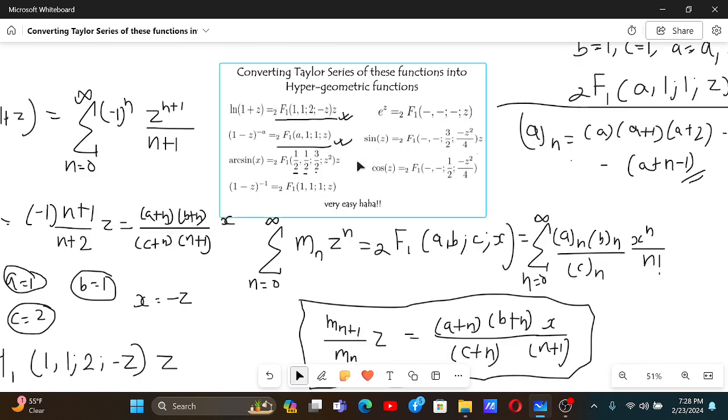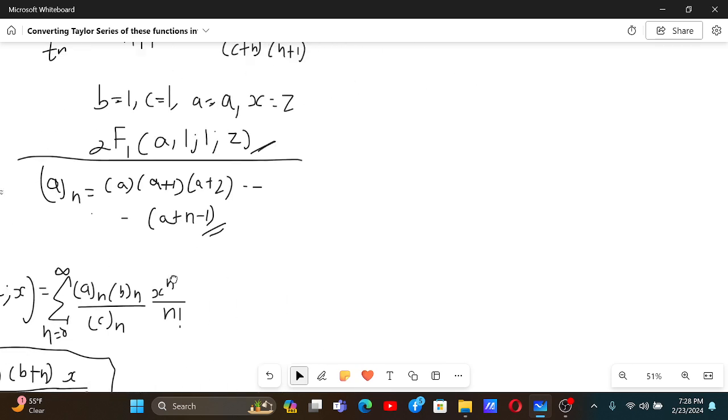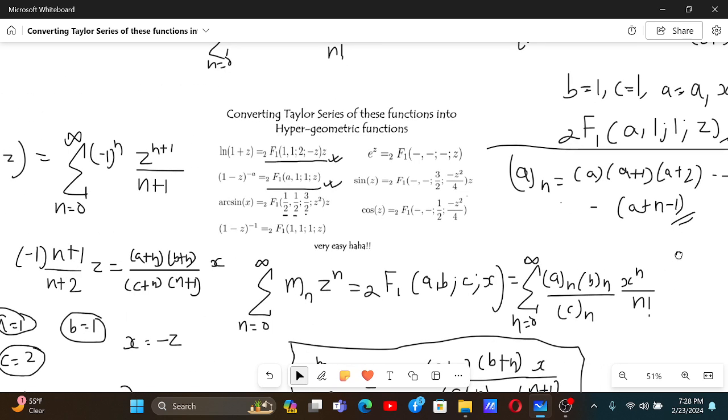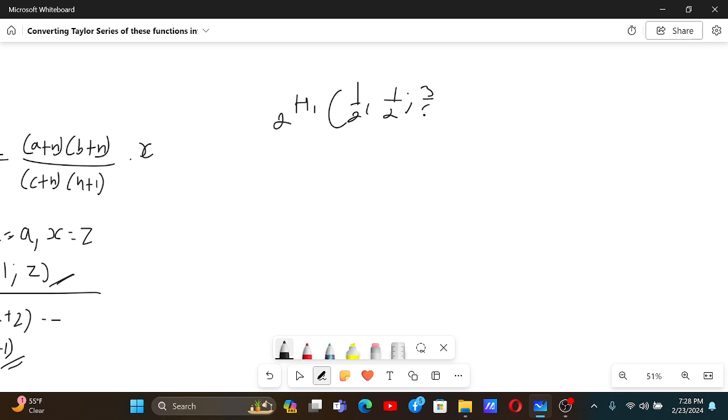Now let's go to the arcsin z. For arcsin z, let me do it over here, and that is 1 by 2, 1 by 2, 3 by 2, z squared, and z. So we basically have 1 by 2, 1 by 2, 3 by 2, z squared, and z. Now let's find out.